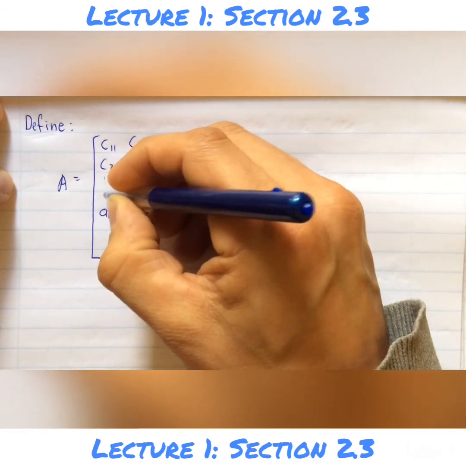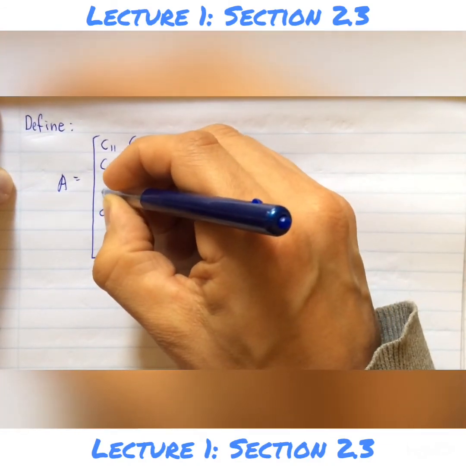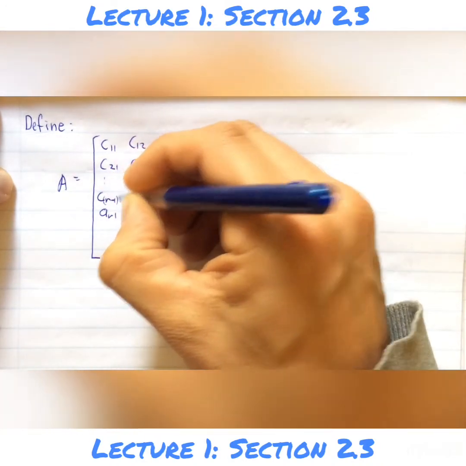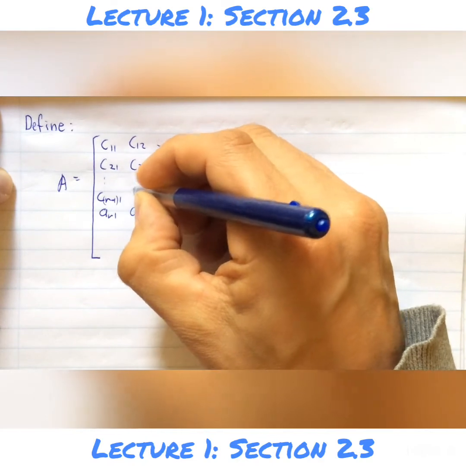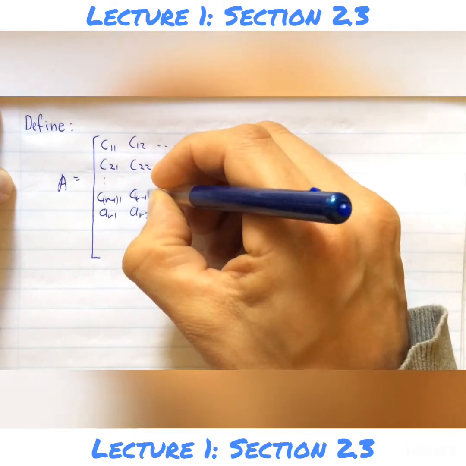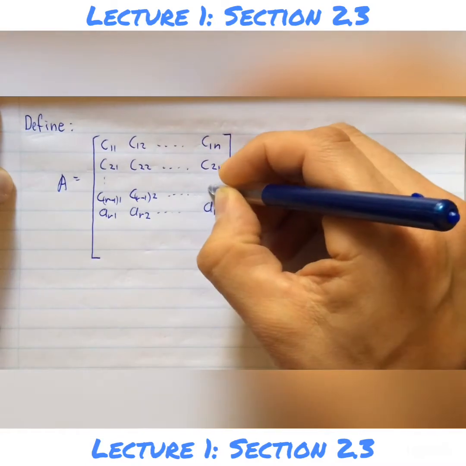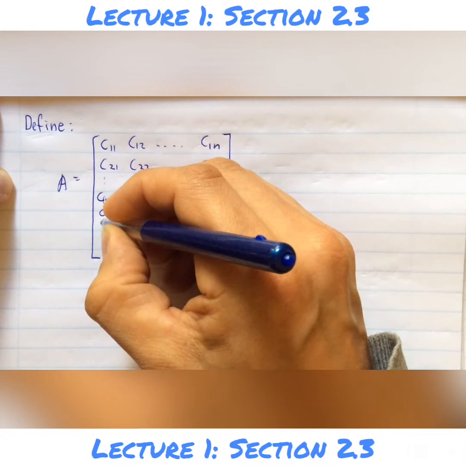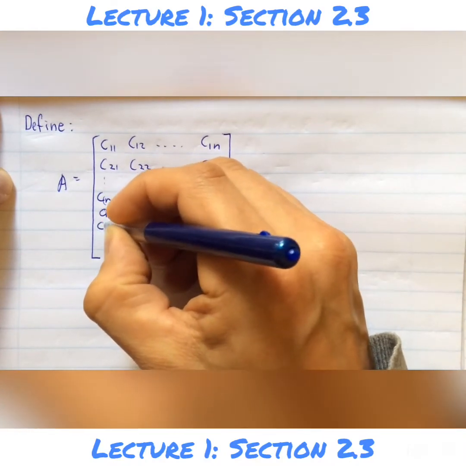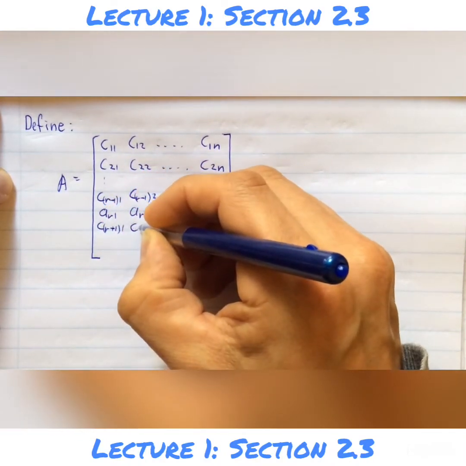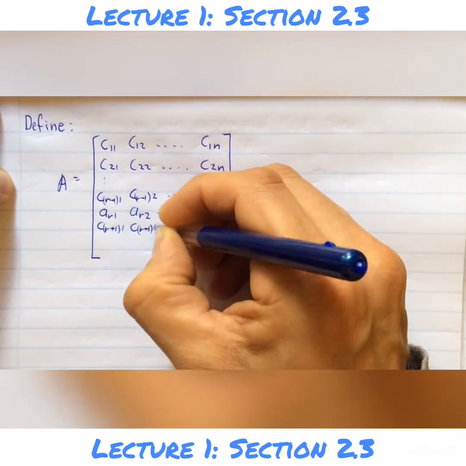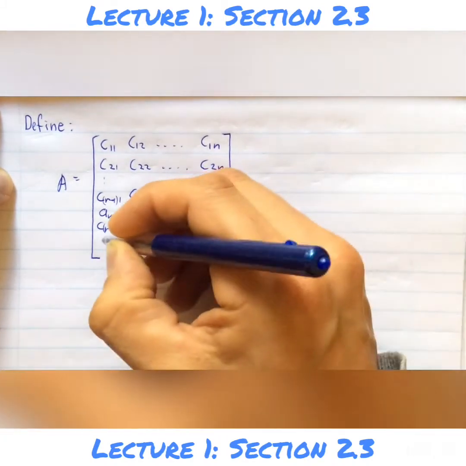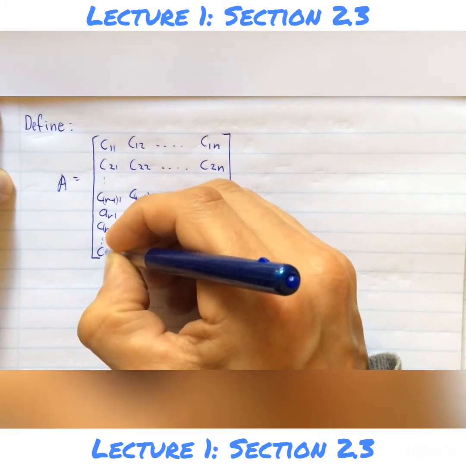And then you've got the row that comes just before the rth row, which you can denote by r minus 1, 1, C r minus 1, 2, and so on and so forth, C r minus 1, n, and then you've got C r plus 1, 1, C r plus 1, 2, C r plus 1, n, and there you've got the nth row.